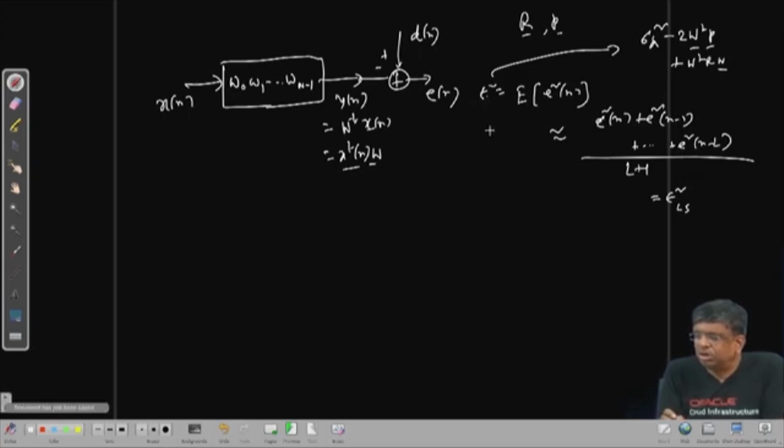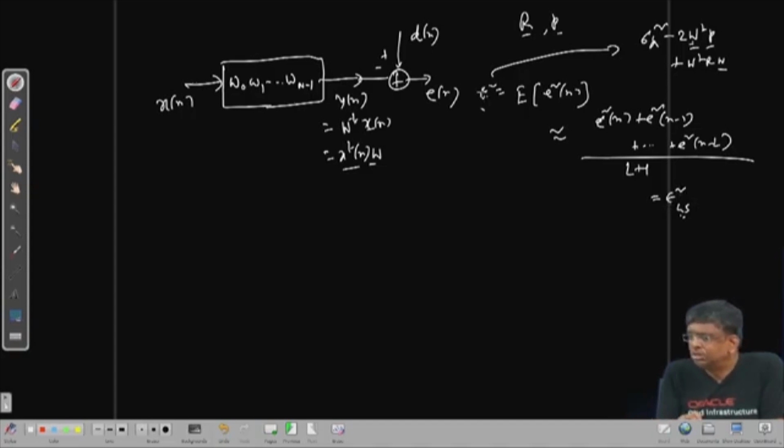So, the epsilon square versus W plot and the epsilon square LS versus W plot will be almost identical, because for any W the two values are very close, since I have taken many samples. Therefore, instead of reaching the minimum of epsilon square, if I reach the minimum of epsilon square LS, I will still be happy, since I will be very close to the minimum of epsilon square.